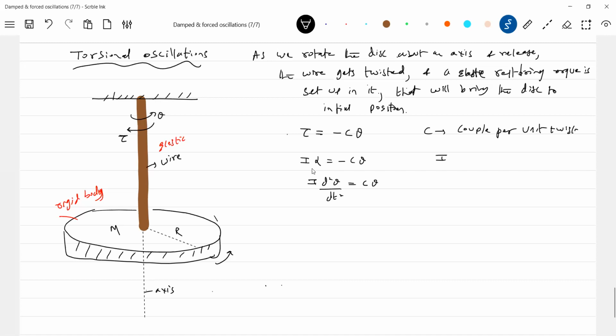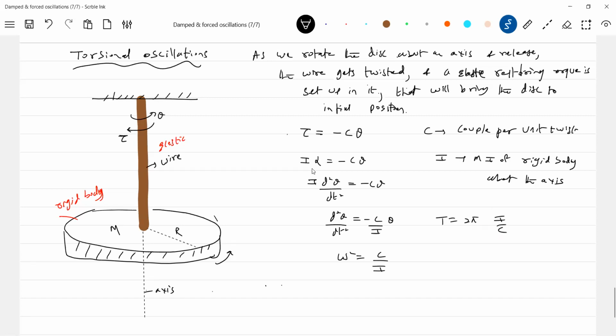I is the moment of inertia of the rigid body about the axis. This is for small angular displacement we are discussing. Comparing with the standard equation of SHM, omega square equals C by I, and the time period is given by 2 pi root of I by C.